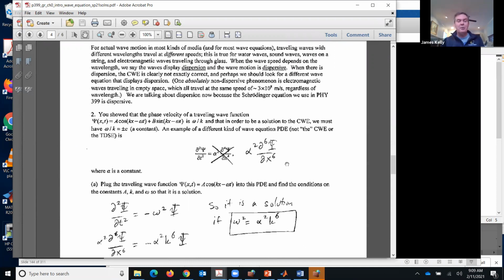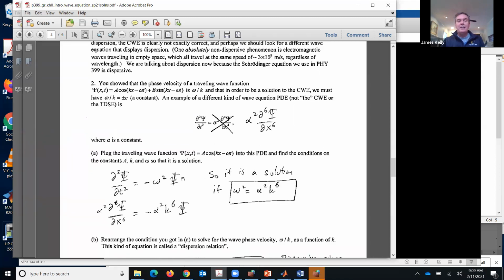It's not obvious that there will be traveling wave solutions, but if I substitute this generic form for a traveling wave solution, cosine of kx minus omega t, the left-hand side, that time derivative is the same as it was before. And the right-hand side now has this sixth partial derivative with the alpha squared out in front of it. Alpha is just a constant here. So the alpha squared comes along for the ride.